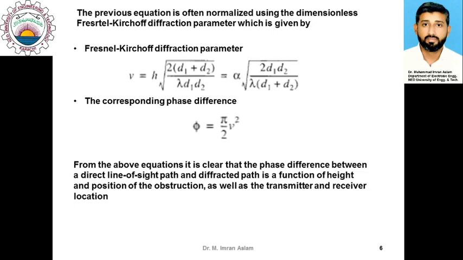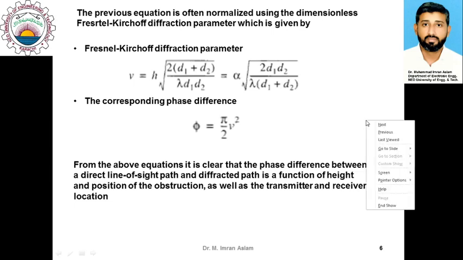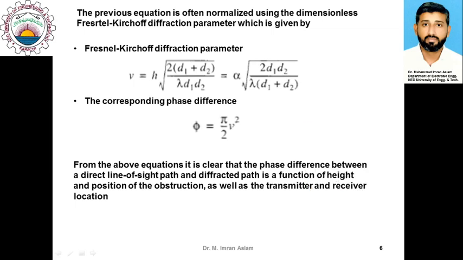In calculating the loss for this knife edge diffraction model, there is another parameter known as the Fresnel-Kirchhoff diffraction parameter. This is a normalized parameter without any dimensions. It's a dimensionless value. This normalized parameter is used to simplify these results.